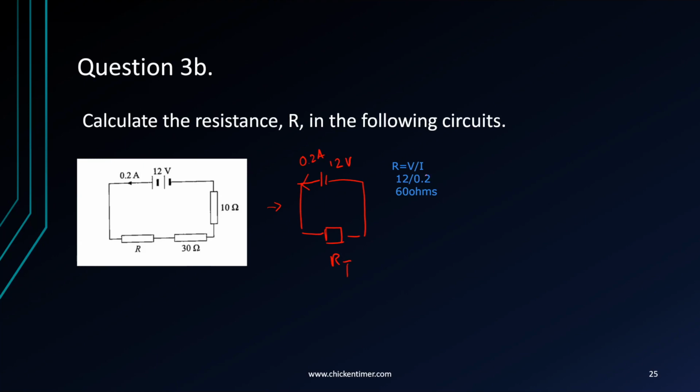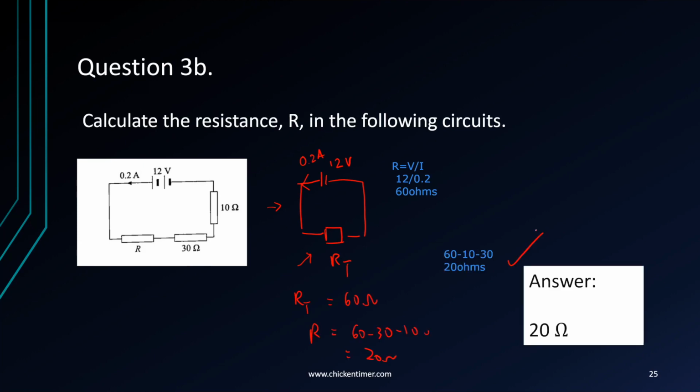So when you do R equals V over I, what you found was the total resistance, then 60 minus 10 minus 30. What people run into is they use the wrong resistance, they use the wrong current, etc., when they are given a question with a lot of values.